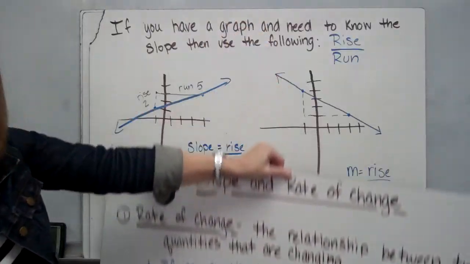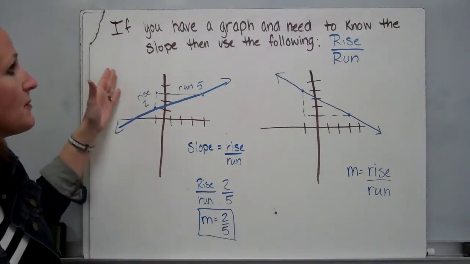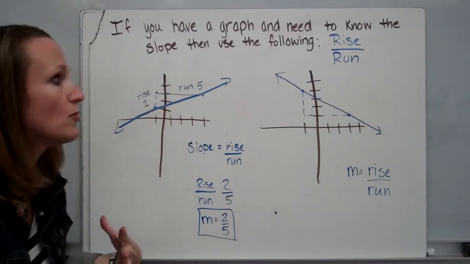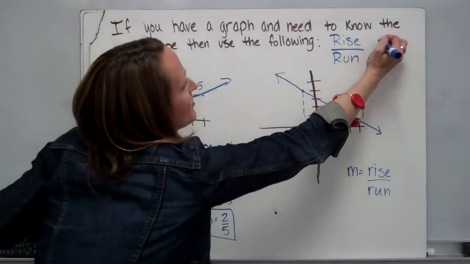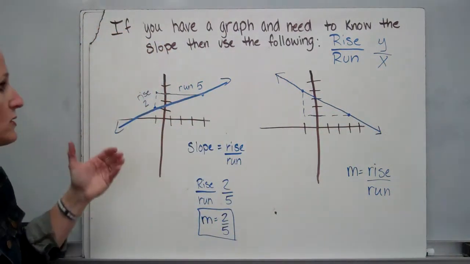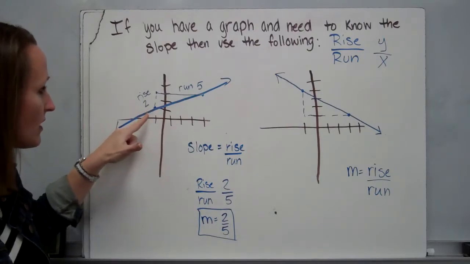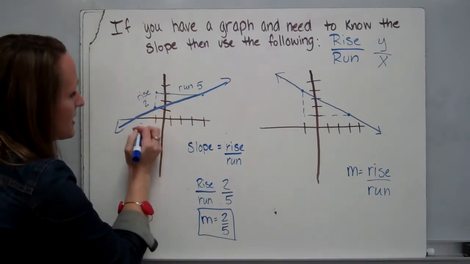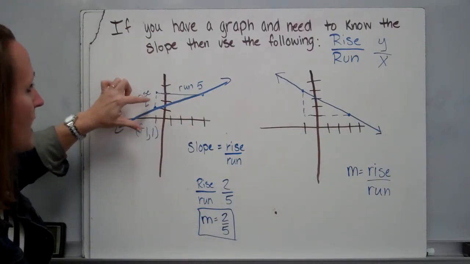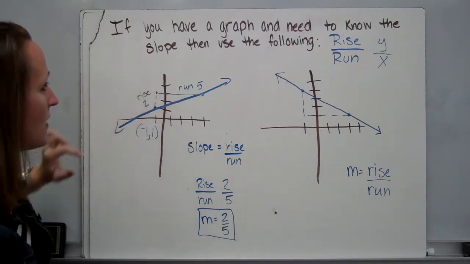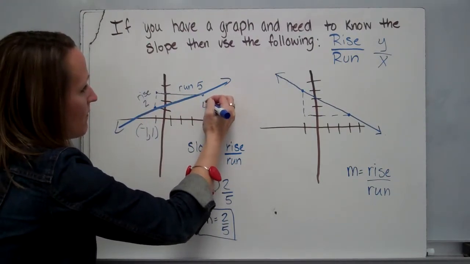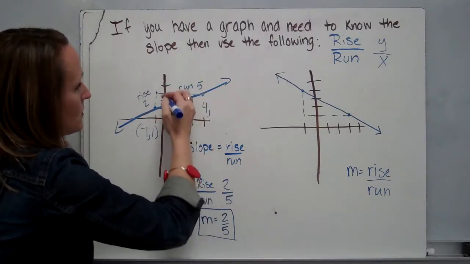So how can we find slope? Let's say we have a graph and we need to know the slope. Then we're going to use rise over run, because the rise represents our y-axis and the run represents our x. So let's look at this first graph. If I start from this point, which in this case is (-1, 1), I'm going to rise up 2, and then I'm going over 5 until I'm at (4, 3).